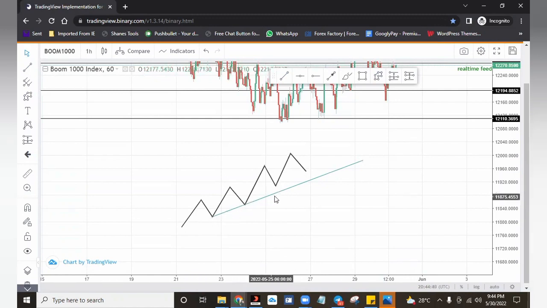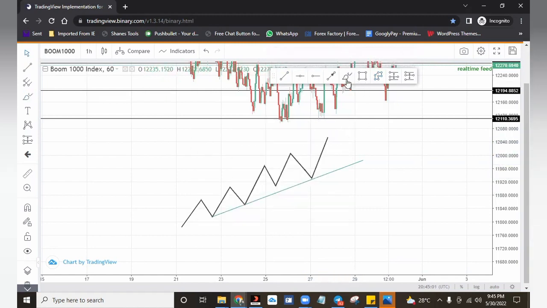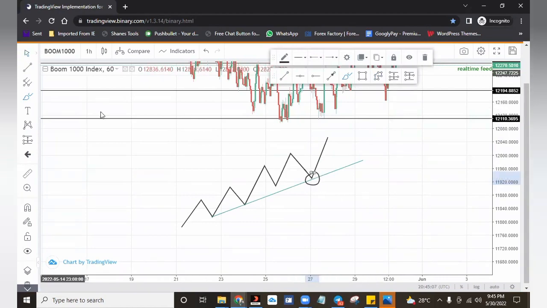So it simply means you're still watching and waiting. Any day price gets to this line, you want to look for an opportunity to buy, having in mind that this is what price might likely do, get to this trend line again. Since it respected it the first time and the second time, there's every tendency that on the third time it will respect it again. So as a trader, you look for your buying opportunity in this area. That is for a bullish trend.